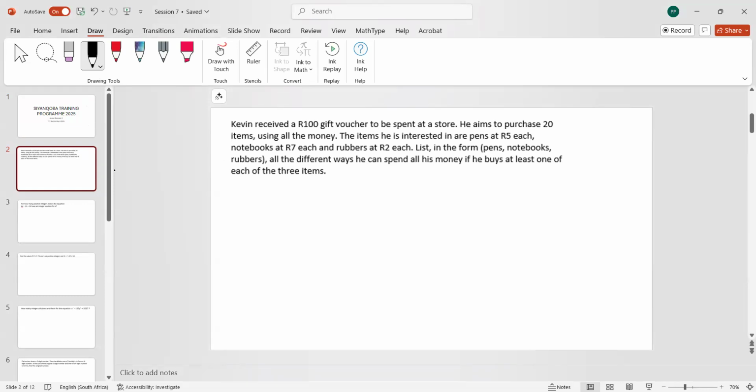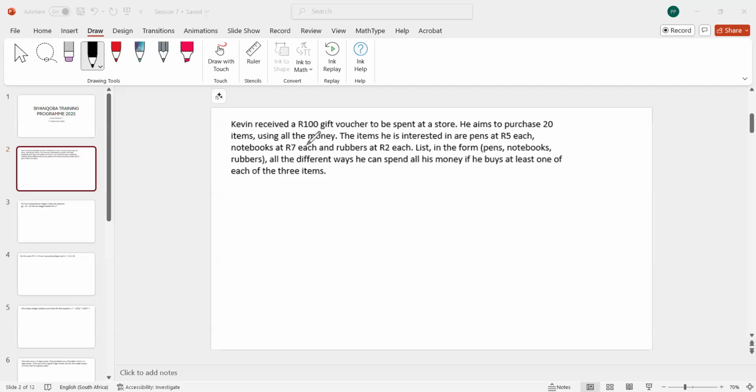He aims to purchase 20 items using all the money. The items he is interested in are pens at 5 rands each, notebooks at 7 rands each, and rubbers at 2 rands each. We don't know how many he is going to buy of each, and that is the question here.